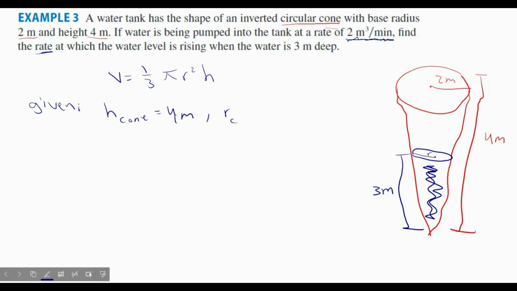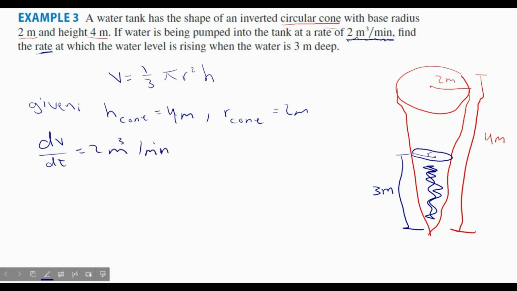Now the radius of the cone is 2 meter, and what we also know is the rate at which the water is being pumped into the tank. So this gives us not the volume but the rate of the volume with respect to time, so it will be 2 meter cube per minute.